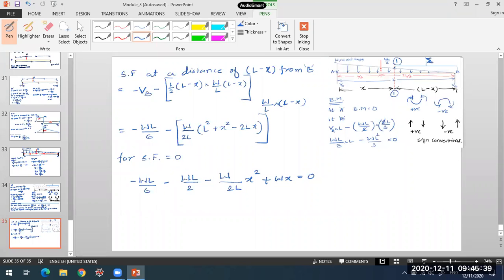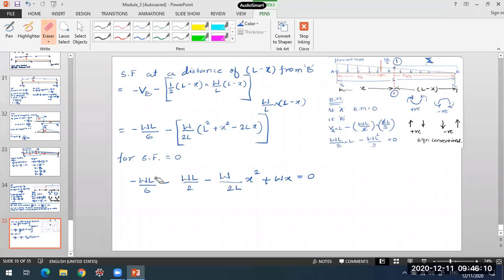So what happens over here? I can take this WL by 2 and this WL by 6. What does it come out to? Can anyone give me what this will be? Minus WL by 6 and minus WL by 2.